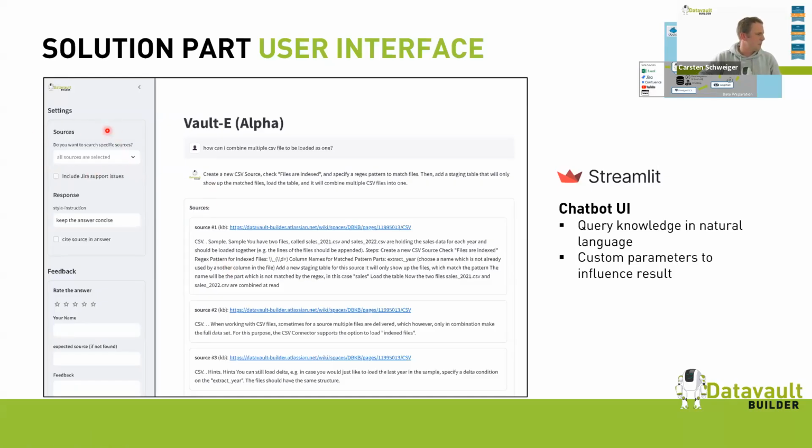We also have the possibility here to specify the sources. That makes sense if you know where it is, or if you want to have it from the official documentation, not from another wiki or something. You can say here what should be included in the search. We also have a fast checkbox for including or excluding support tickets. We also have the possibility here to change the system message.